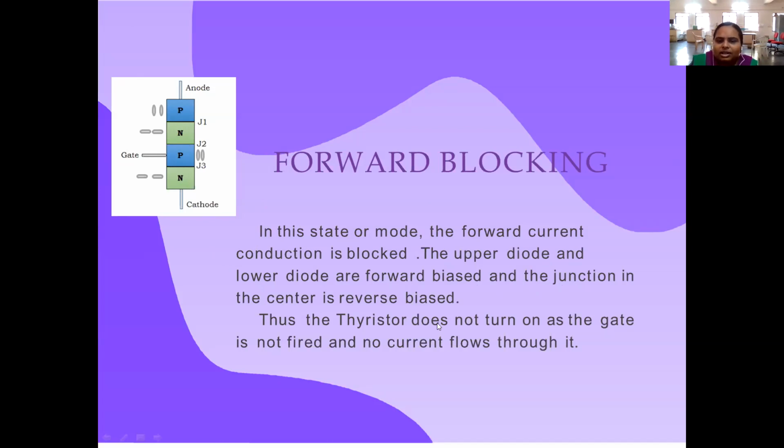Thus, the thyristor does not turn on as the gate is not fired. We have not applied the gate, so no current flows through it. For that reason, we call it forward blocking.